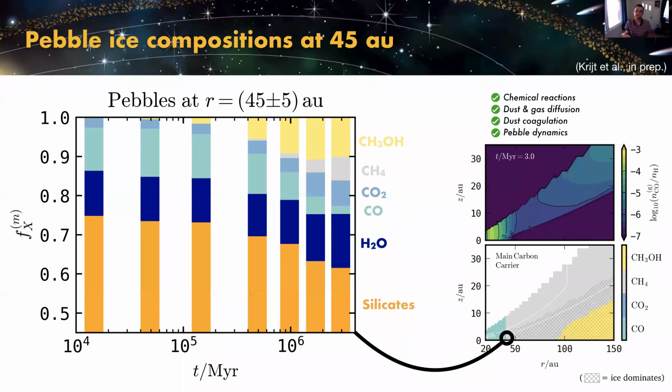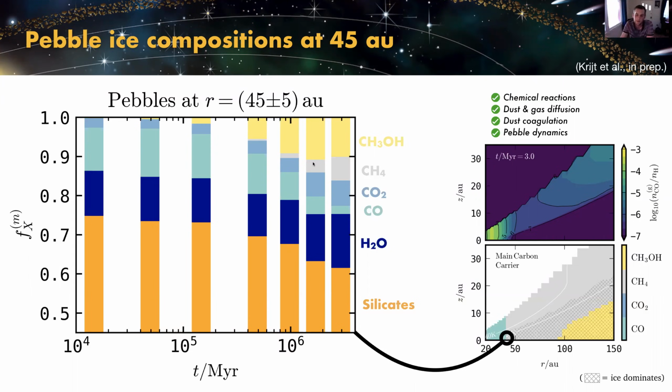So what I can then do is go back to my disk model with the chemistry and the pebble coagulation and all that included, and ask what is the composition of the pebbles growing at 45 AU, and how does it vary in time? What I find is, well, initially, these are just my initial conditions, right? There's lots of CO and water. There's this period after a few million years where the methanol to water ratio is quite high.